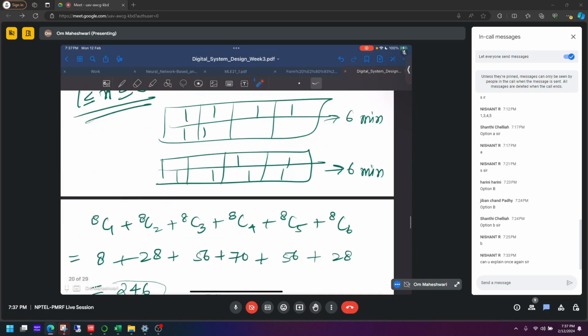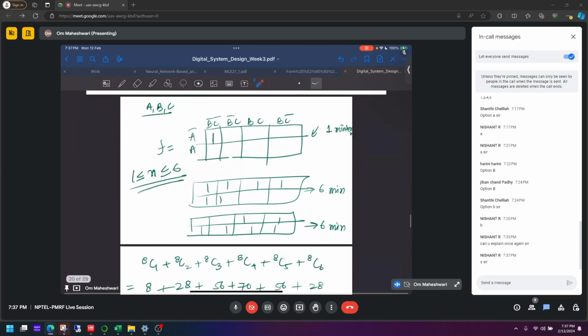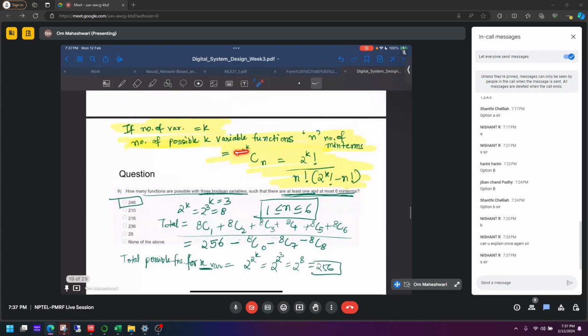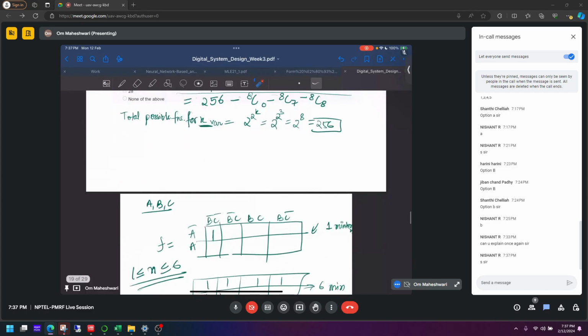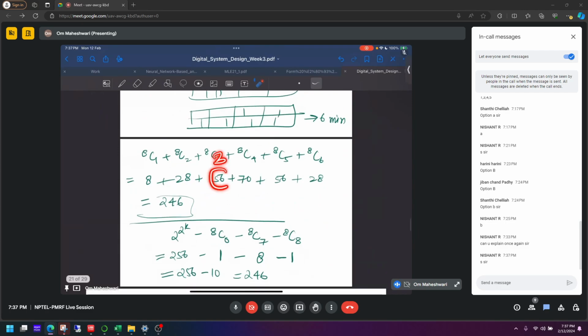Is this clear? You also get the origin of this formula, right? Why I'm writing 8c1: because we just counted it for 1. Out of 8, 1 can take 8 places. For a combination of 2, there can be 28 such combinations. For 3 minterms, there can be 56 such combinations.